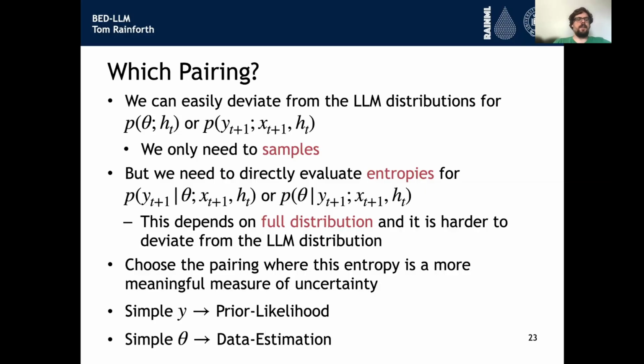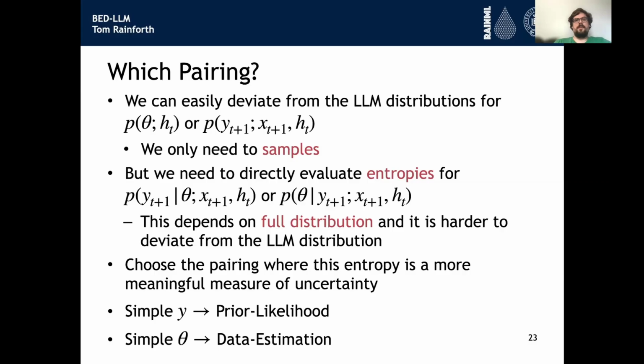On the flip side, if I have a simple theta, a simple target I'm learning about, this data estimation approach is going to be much more effective, because I can use the LLM to get reasonable, meaningful uncertainties over that theta, but probably not over the responses. An example of when you want to use the data estimation approach would be automated scientific experiments.